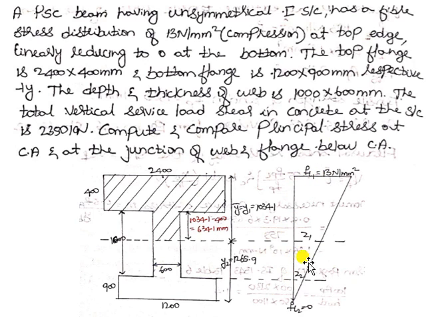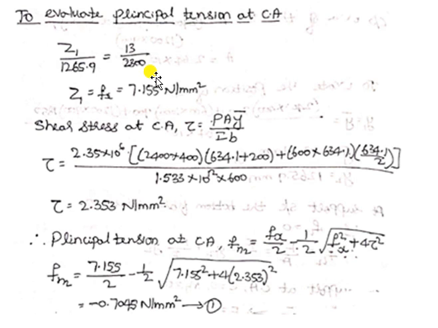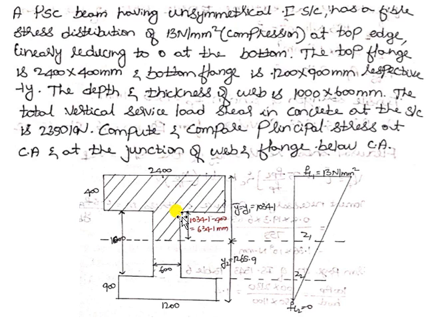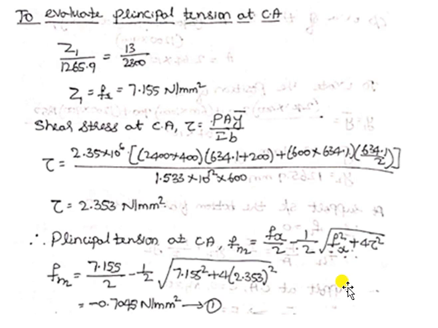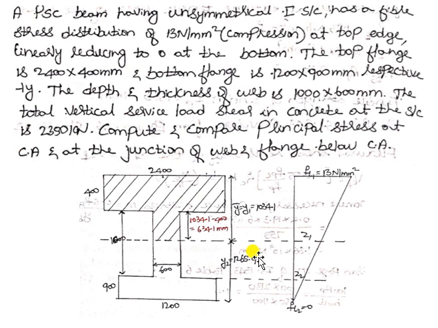So here from two similar triangles, from this triangle and this triangle, we can write Z1 by 1265.9, so this is Z1 and this depth is 1265.9, is equal to 13, which is the stress at the top fiber, divided by 2800, that is the overall depth of the section, the height of the stress diagram.